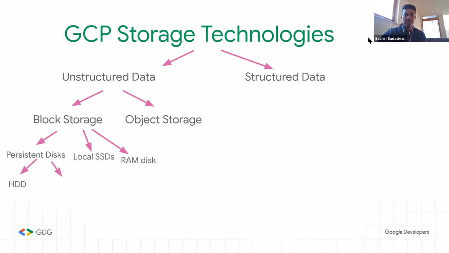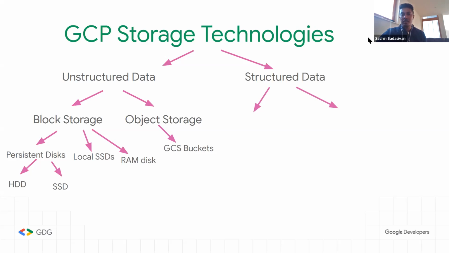Within the persistent disk, then you have HDD and SSD, standard disk and solid state disk. In object storage, then you have GCS buckets, which are the abstractions to store the data in GCP.